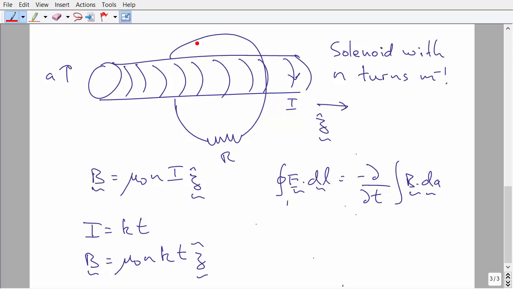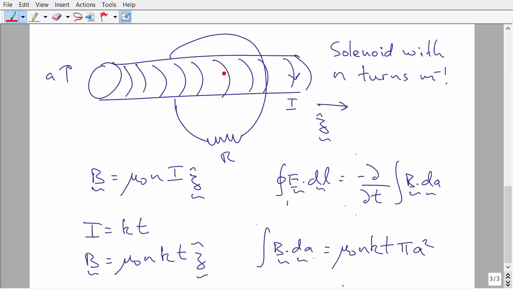This is a loop that all lies in the same plane. We could make it circular, although that's not critical. The integral of B dot dA then becomes the following. Okay, so you might say, why is it pi a squared, where a is the radius of the solenoid? Well, the reason for that is that the magnetic field is zero outside the solenoid. It's only non-zero inside the solenoid.